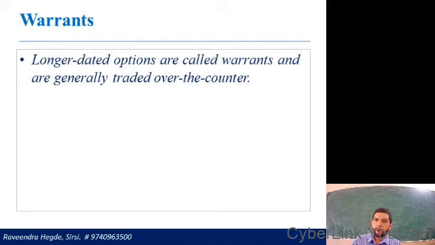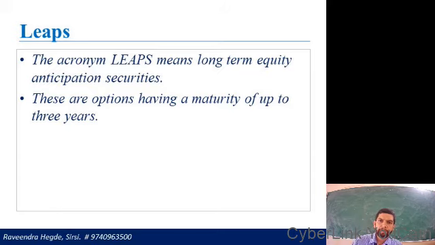Longer dated options are called warrants. See, the option may be a very short period contract. So whenever you have longer dated options, then they are called warrants and are generally traded over the counter. They are traded OTC, okay, over the counter. Next is the LEAPS.